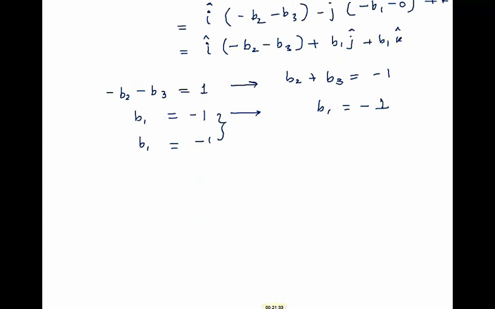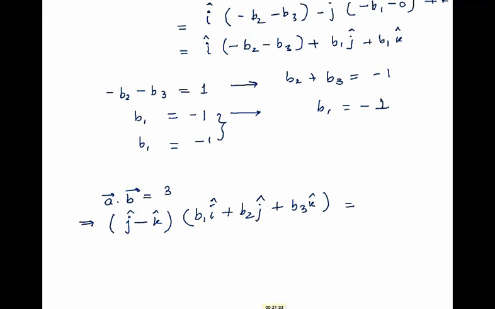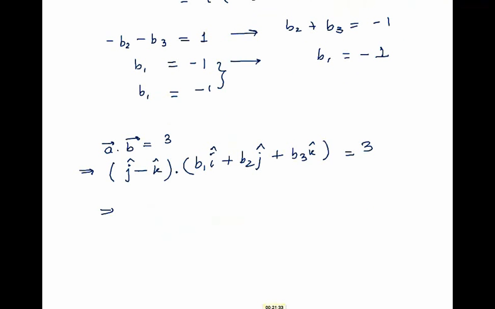Now let us make use of the other information, that is A dot B is equal to 3. So when we are doing this vector product, j cap minus k cap dot B1 I cap plus B2 j cap plus B3 k cap equal to 3, that will give 0 plus B2 minus B3 equal to 3.